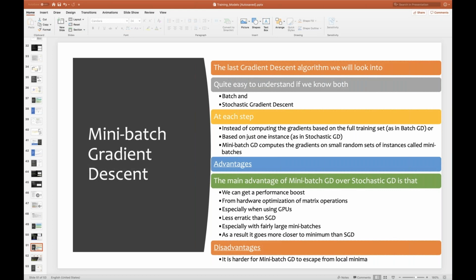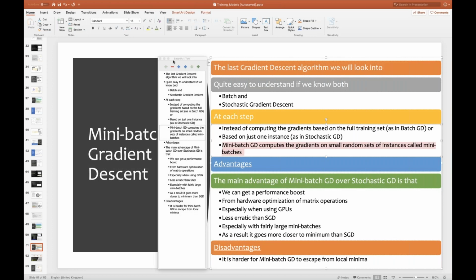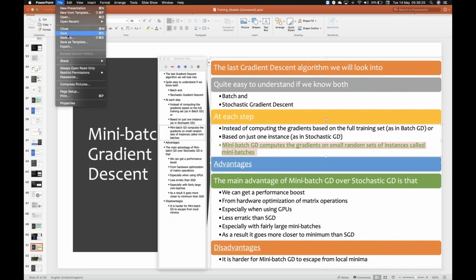Now, at each step, instead of computing the gradients based on the full training set, as in batch gradient descent, or based on just one instance as in stochastic gradient descent, mini batch gradient descent computes the gradients on small random sets of instances called mini batches. Okay, let me highlight this for you. Very good.